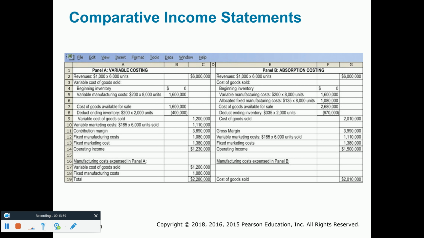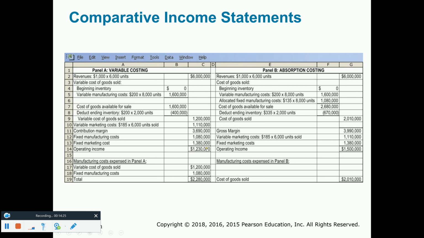With absorption costing, we are going to absorb the fixed manufacturing costs into the inventory. But with variable costing, it all goes to the income statement all at once, regardless of the differences between the number of units sold and produced. Do you notice that with absorption costing, our operating income is $1.5 million?